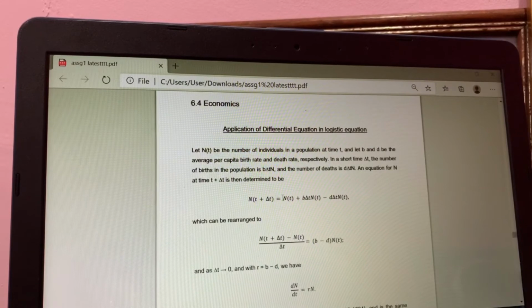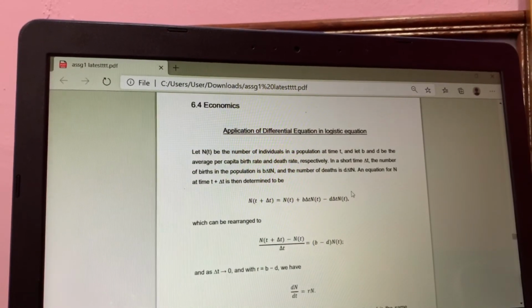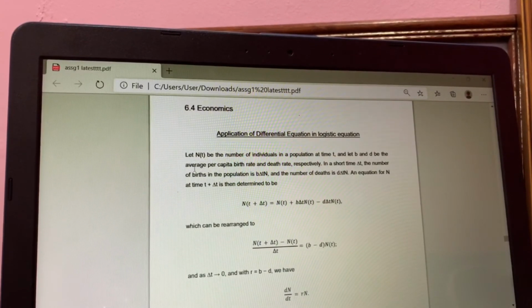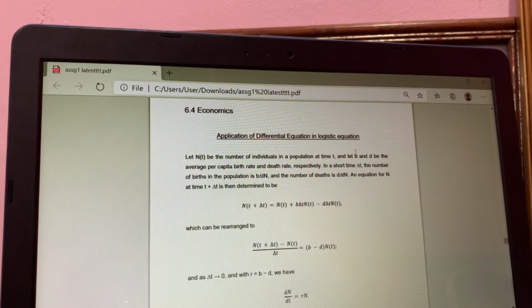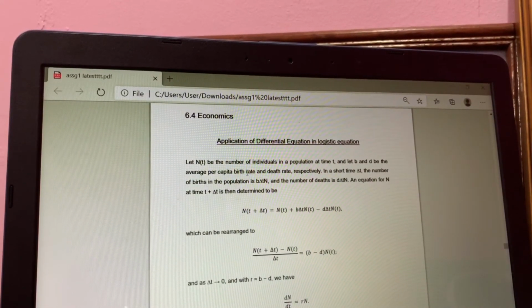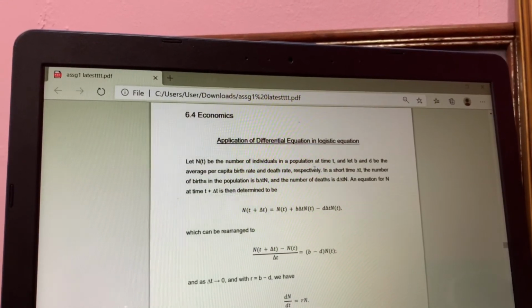So this is the example of the situation. Let N(t) be the number of individuals in a population at time t, and let b and d be the average per capita birth rate and death rate respectively.